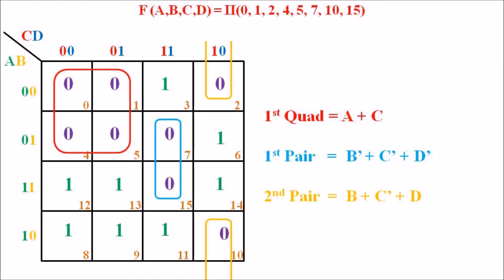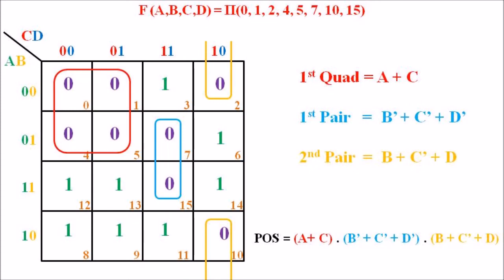So we had reduced all the three different groups, and thus the final POS for this given function is ANDing all these individual terms. That is, POS is equal to (A plus C) into (B bar plus C bar plus D bar) into (B plus C bar plus D).